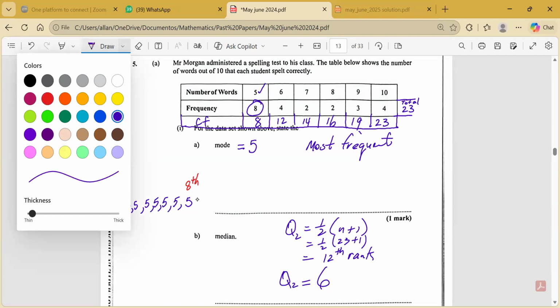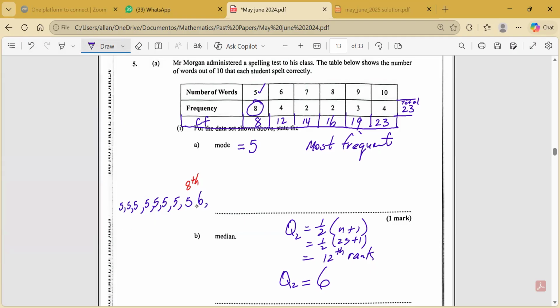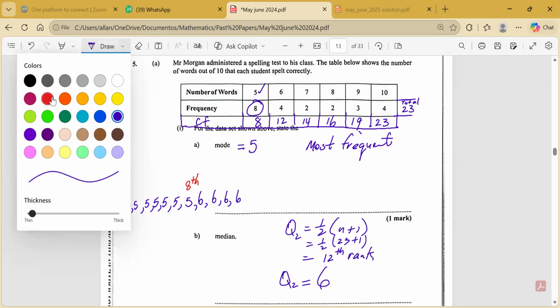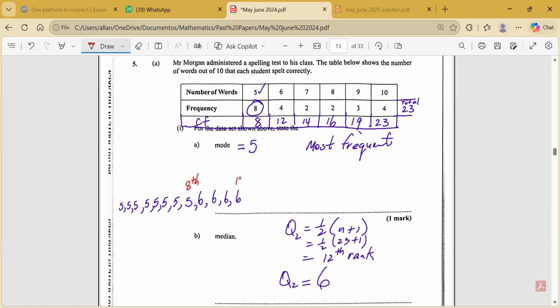You don't have to do all this. And then you're looking at the 12th rank. So after 8, you had 4 6s. 6, 1, 2, 3, 4. So 8, 9, 10, 11, 12. So this is the 12th. So it corresponds to 6. So you get a median really easy.